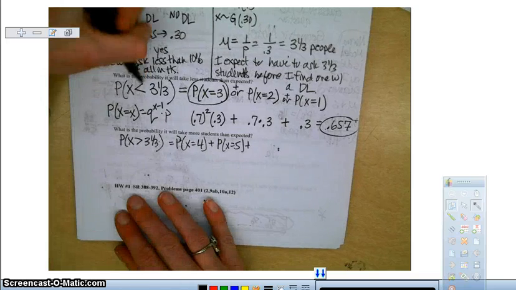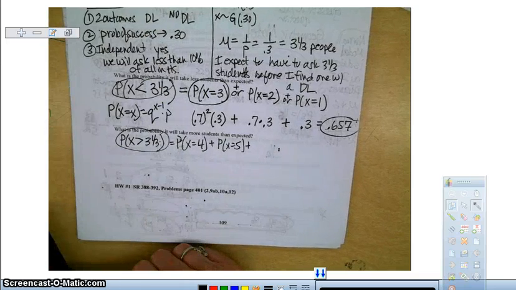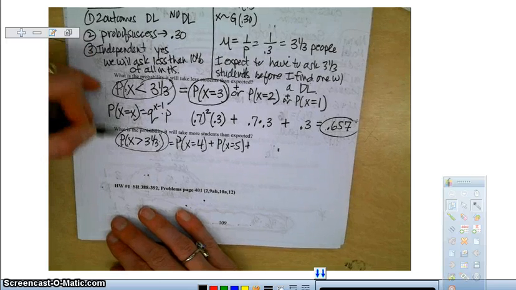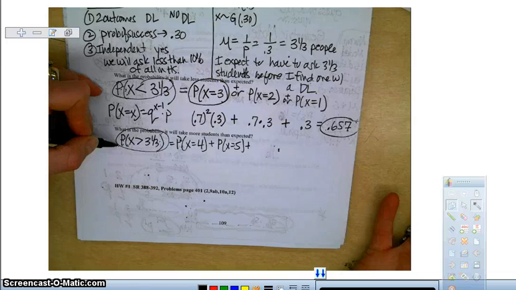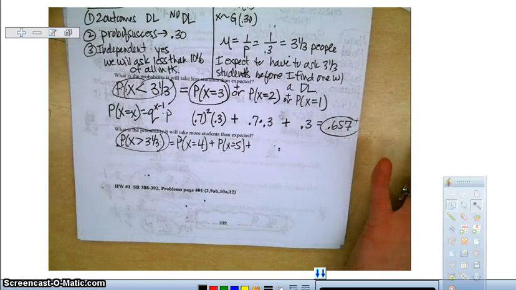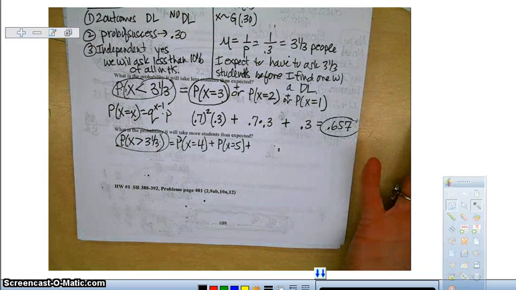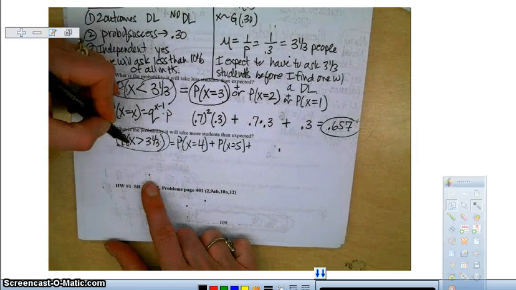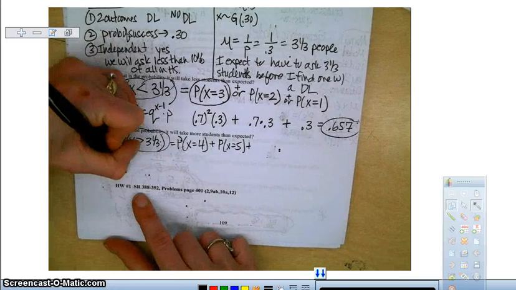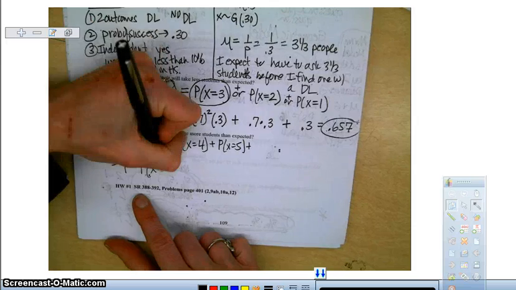How are these two things related? What would these two probabilities have to add up to? 1. Wouldn't they have to add up to 1? Asking fewer people than expected, more people than expected, don't they have to add up to 1? So isn't this the same as the complement of that one? Couldn't I figure this by taking 1 minus the probability that x is less than 3 1/3?